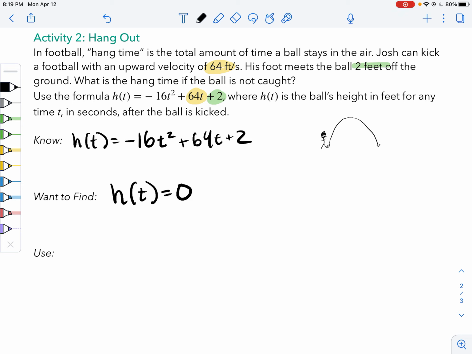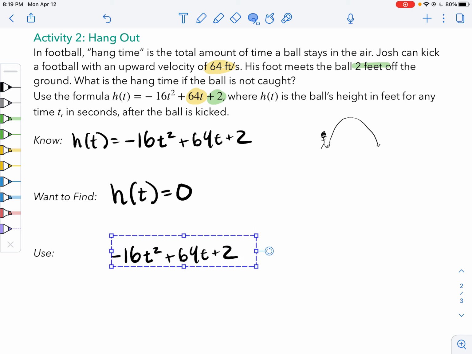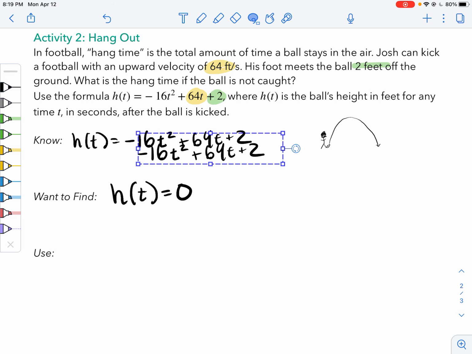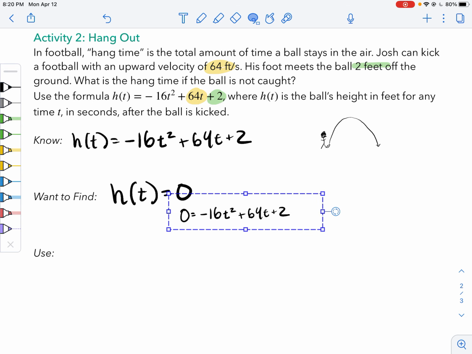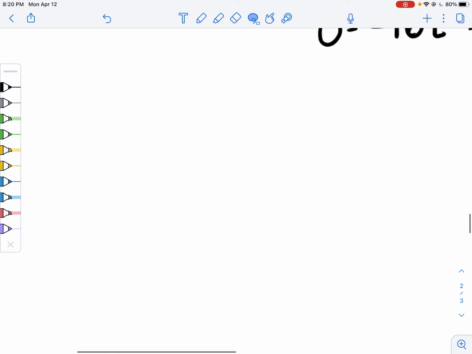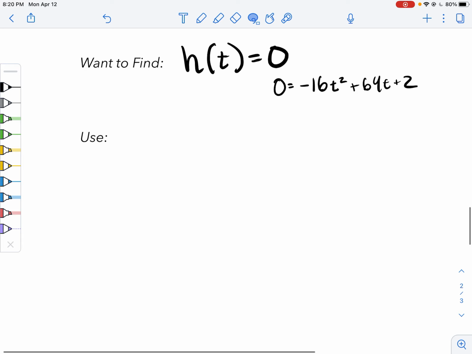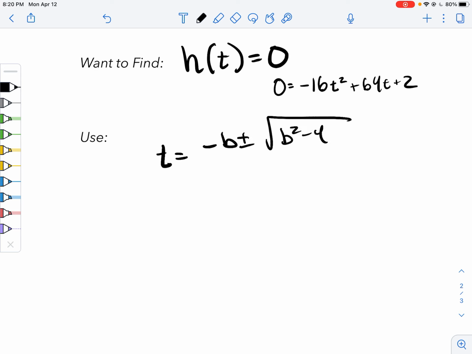So we want to find out when this expression right here is equal to 0. So let's use the quadratic formula. t equals negative b plus or minus the square root of b squared minus 4ac, all over 2a.